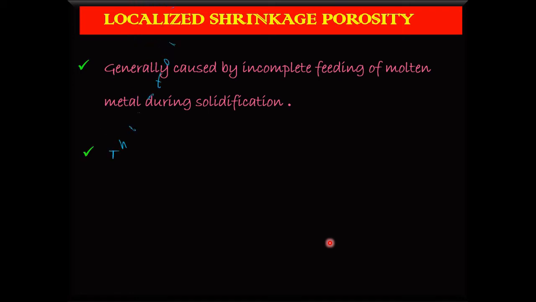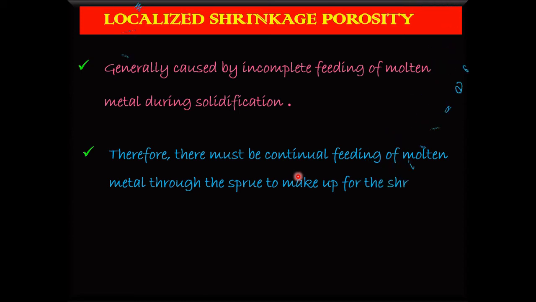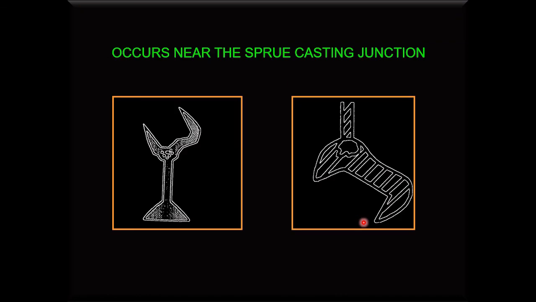Generally these are caused by incomplete feeding of the molten metal during solidification. Therefore, there must be continual feeding of the molten metal through the sprue to make up for the shrinkage of the metal volume during solidification.